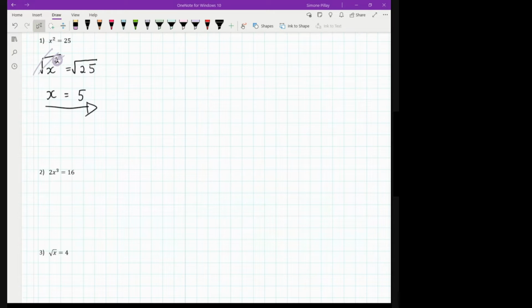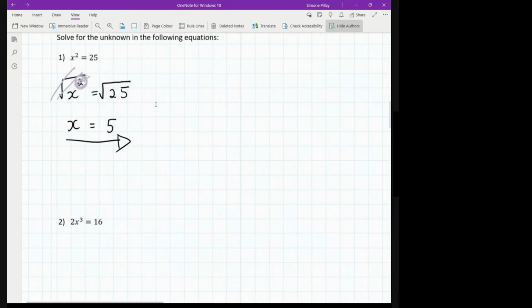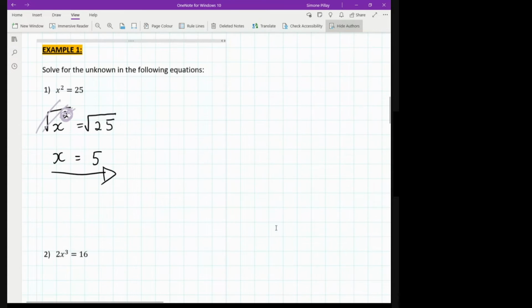Okay. So remember, what's the objective when we do equations? What do we want to do? We want to get x alone. So I needed to get rid of that 2, right? I needed to get rid of the square. Now, if I got rid of the square, how was I going to do it?